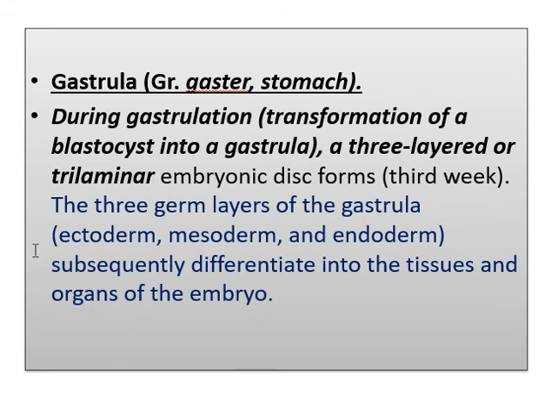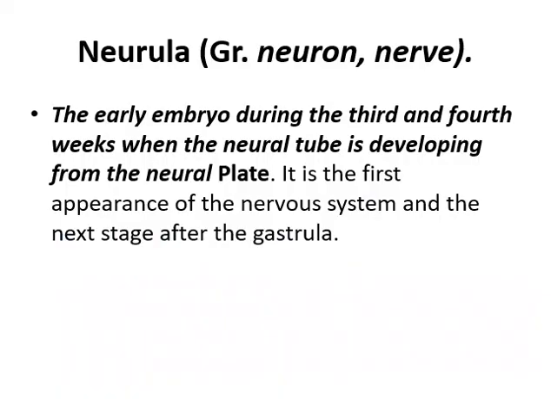The 3 germ layers of the gastrula are ectoderm, mesoderm, and endoderm, and they will subsequently differentiate into the tissues and organs of the embryo. So this is about the gastrula, that 3 germ layers will be formed.